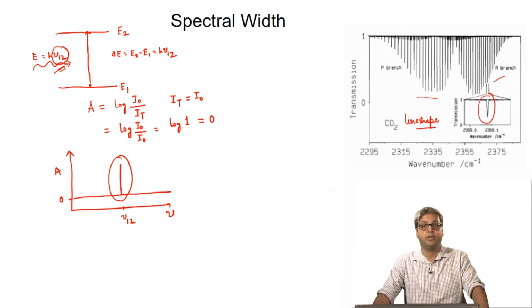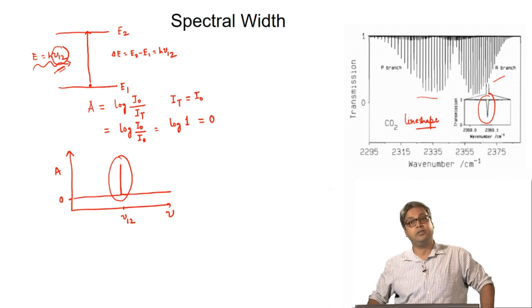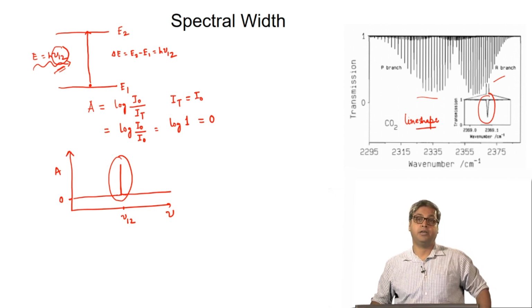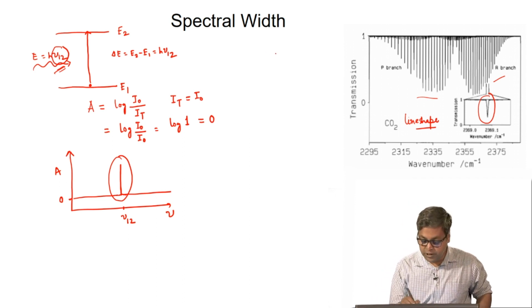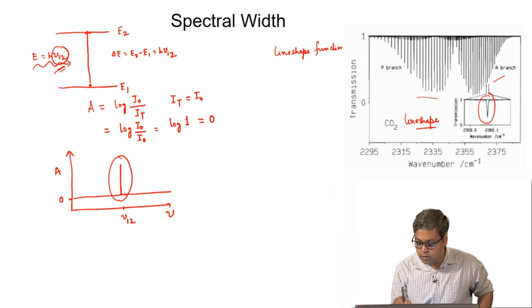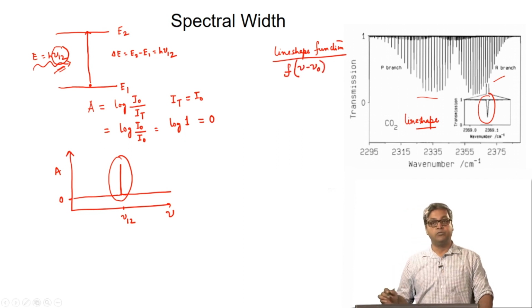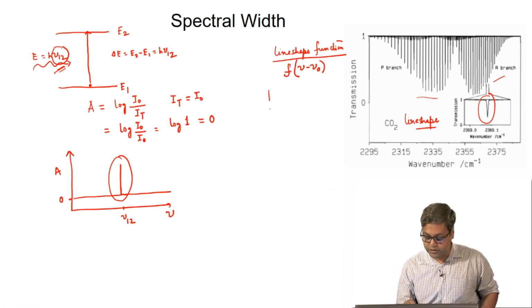As the shape is a function of frequency, the line shape can be represented using a line shape function, which is given by f(nu minus nu 0), where nu 0 is the frequency corresponding to the maximum absorbance.